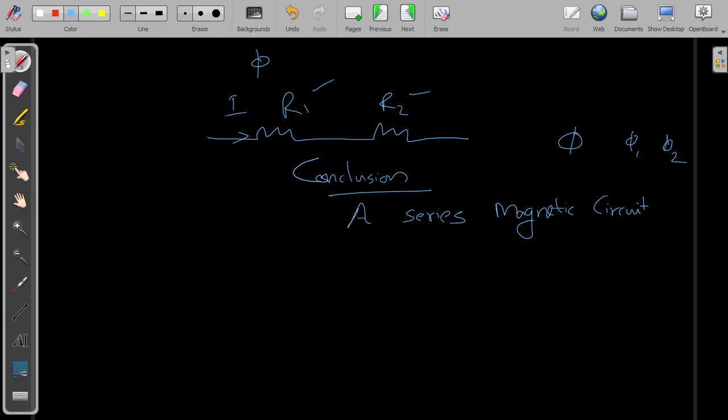In this case, this is a series magnetic circuit, so we will model it like this. This is the magnetomotive force, and here we have reluctance S1 and reluctance S2.